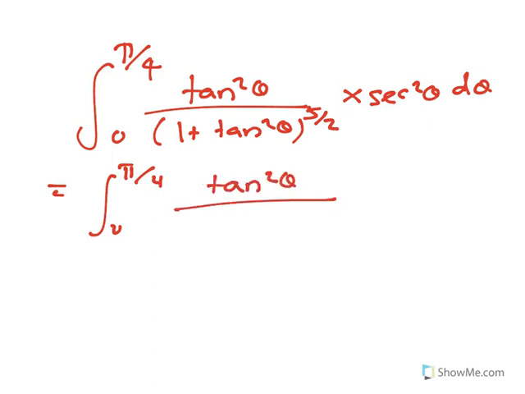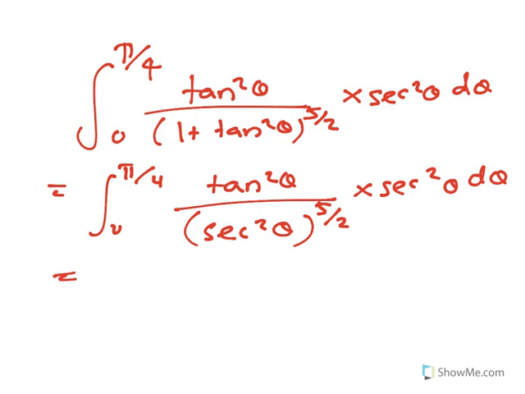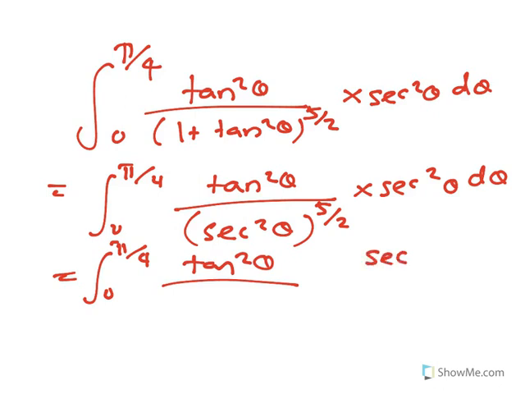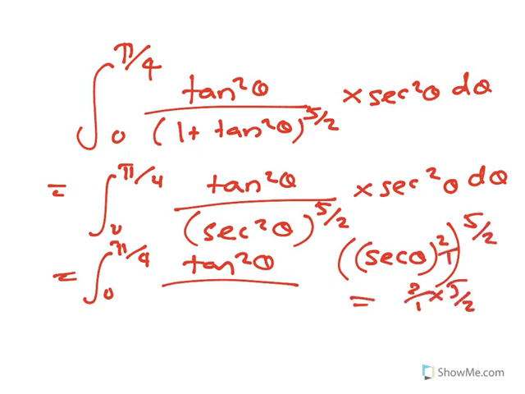So it's tan squared, and 1 plus tan squared is sec squared, so it's (sec squared) to the 5 on 2 times sec squared theta d theta, which is 0 to pi on 4, tan squared theta. Now if you did sec theta squared and you raise it to the power of 5 on 2, the 2 on 1 times 5 on 2 ends up giving you 5.